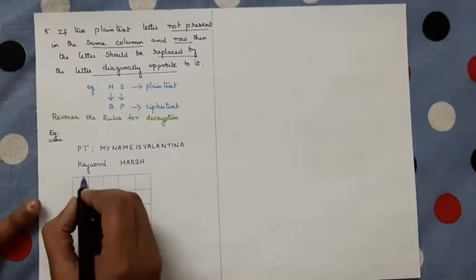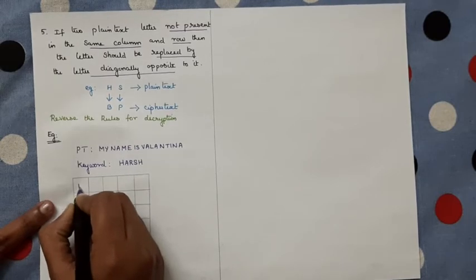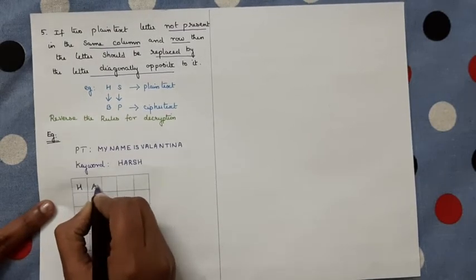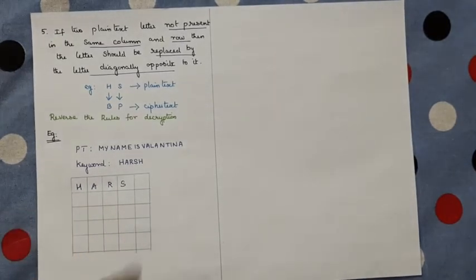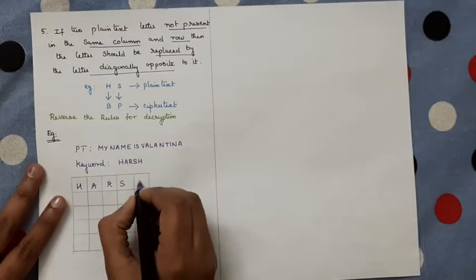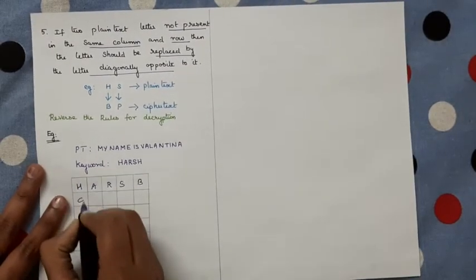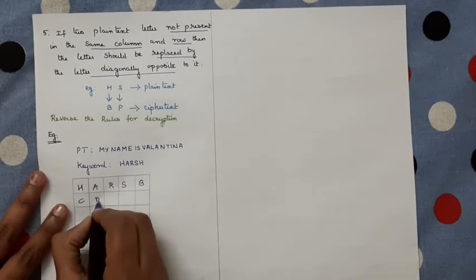First I am writing my keyword. So the keyword will be H A R S, and another H you should not include because H is already there. Now start from the first letter of the alphabet. A is already there, and then I'm moving on with B, C, and then D.